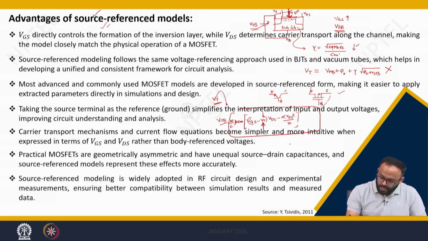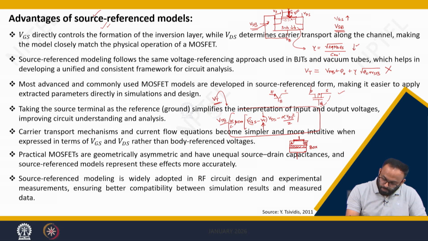Another point is, in some devices the substrate is separated by a box layer, a buried oxide layer, right, and this can be treated as another gate of the device. So this is, let us say, source, this is gate, this is drain, and you have a gate this side.